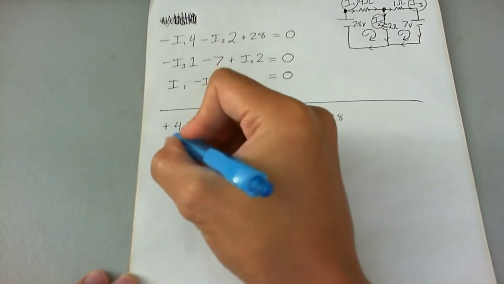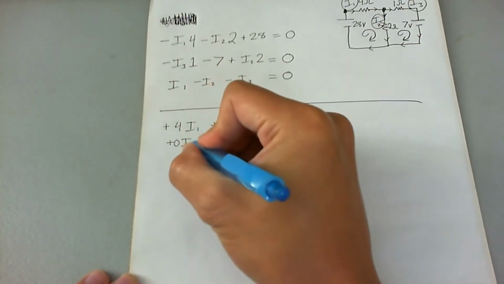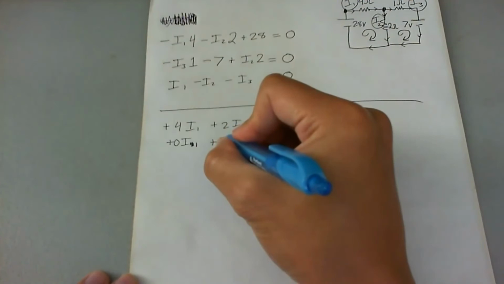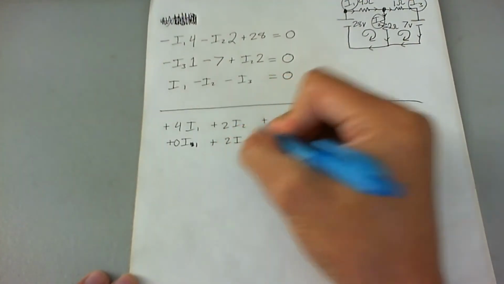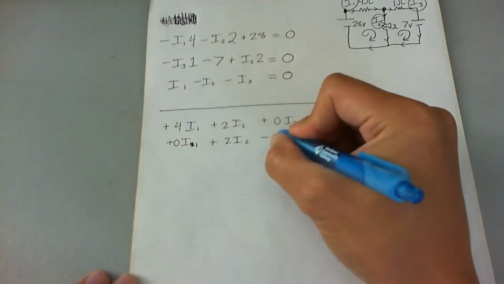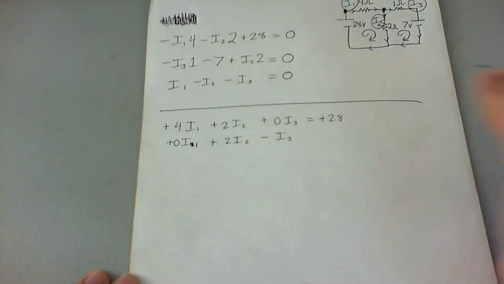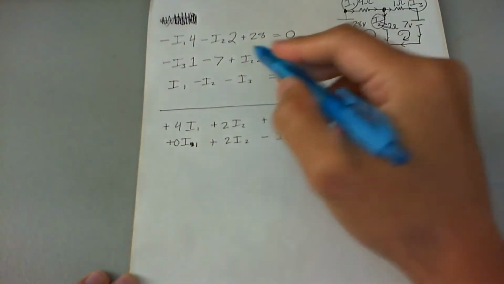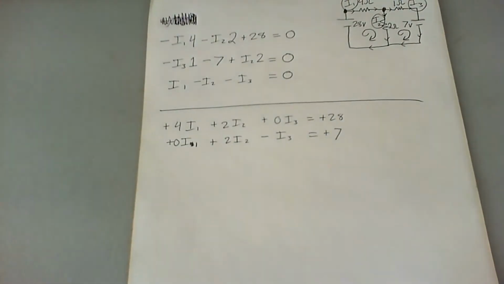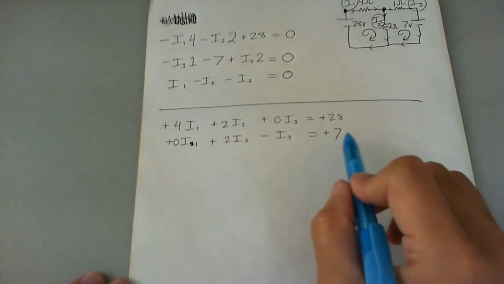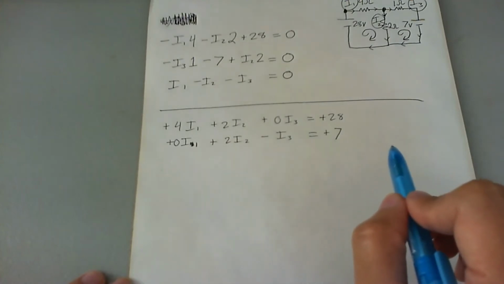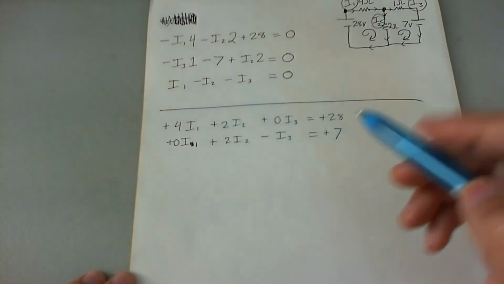There's going to be no I1, so I'm going to go ahead and say 0 I1 plus 2 I2 minus 1 I3 is equal to, take this negative 7, put it on the other side, plus 7. I'm not going to switch things around or multiply anything by negative 1 since I'm pretty happy with the simplicity of this equation.